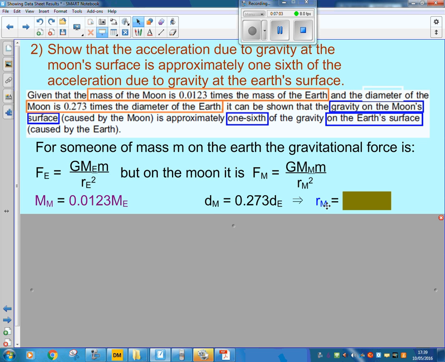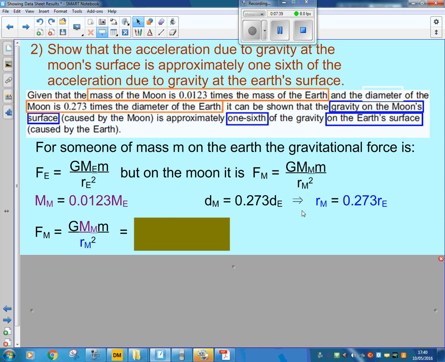So if I want the radius of the Moon, that's going to be half the diameter of the Moon, and the radius of the Earth is half the diameter of the Earth, and so it's still going to stay in the same proportion. It's still going to be 0.273 times it. So just the same as the diameter of the Moon is 0.273 times the diameter of the Earth, the radius of the Moon is going to be 0.273 times the radius of the Earth, because what we're doing is we're halving both amounts.